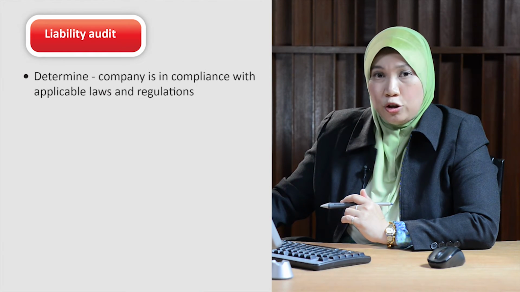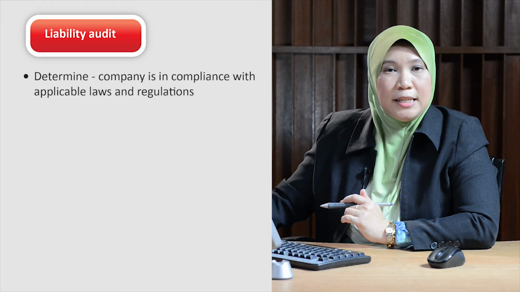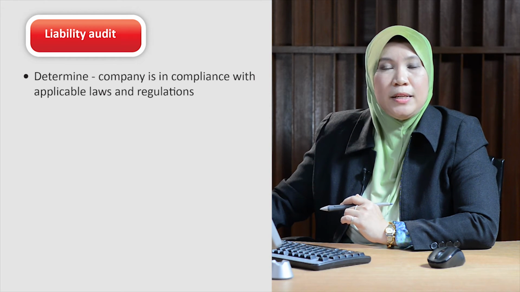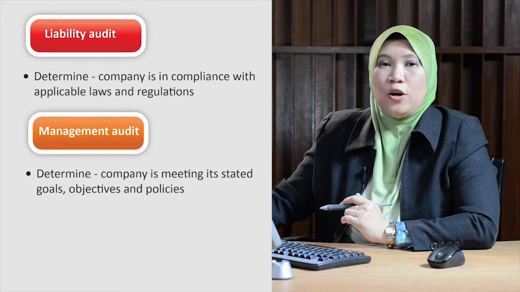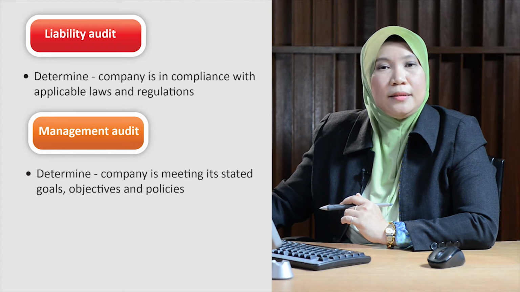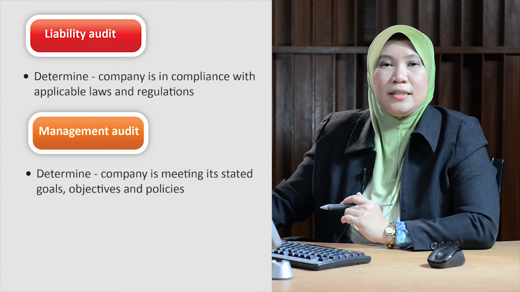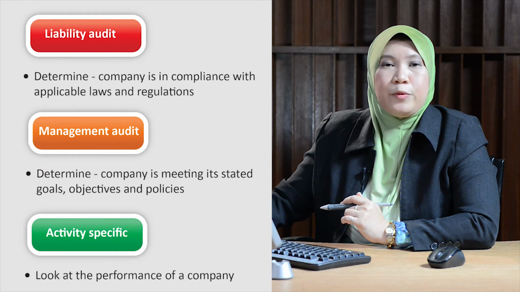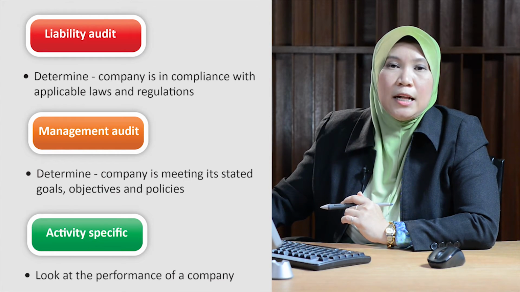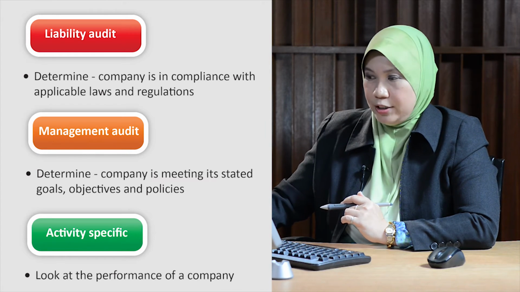In reference to the environmental management system, there are three major types of environmental audits known as liability audit, to determine whether or not a company is in compliance with applicable laws and regulations; management audit, to determine whether or not a company is meeting its stated goals, objectives, and policies; and audits in a specific issue area or waste reduction.